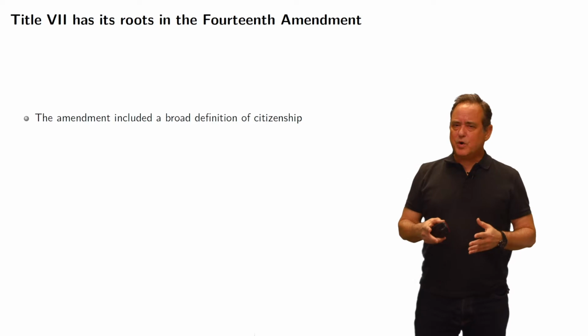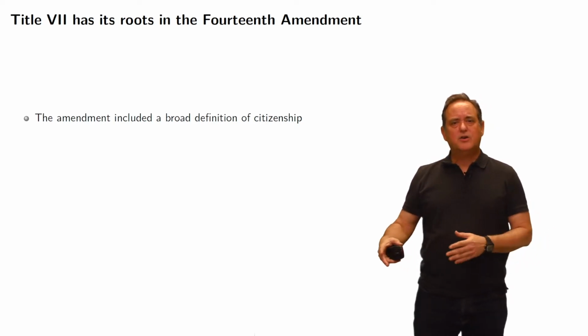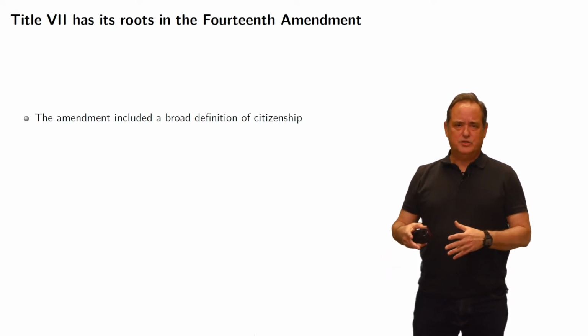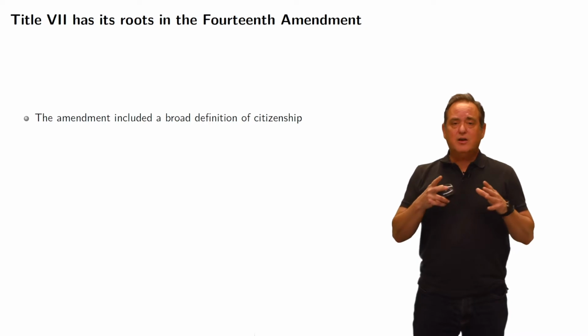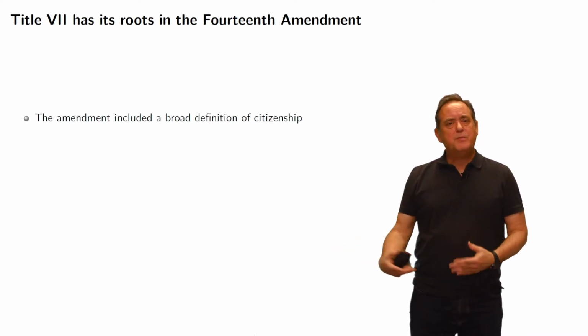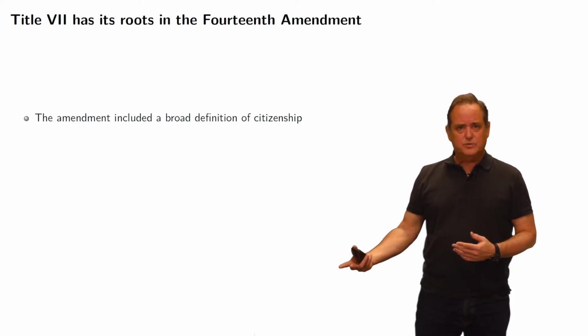They recognized the problem with slavery was the development of this permanent underclass of people. And therefore, the only way to address that was to not only make these individuals citizens, but to ensure that we would never again have that underclass of individuals.